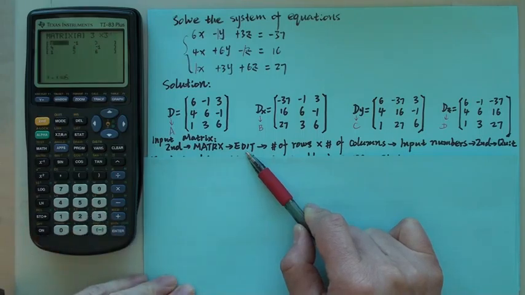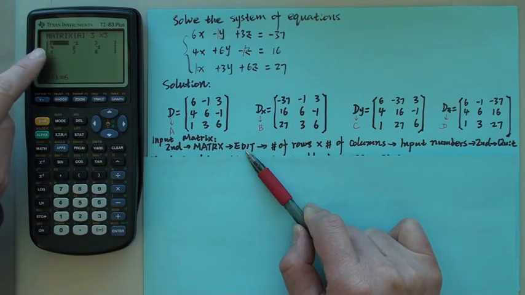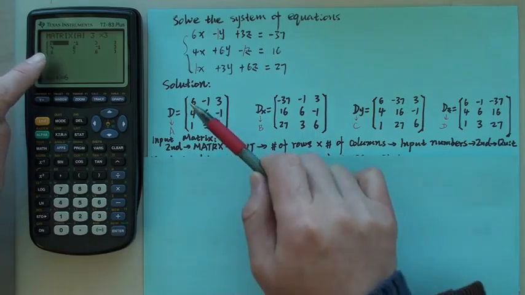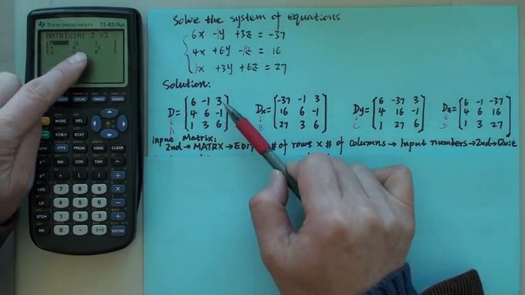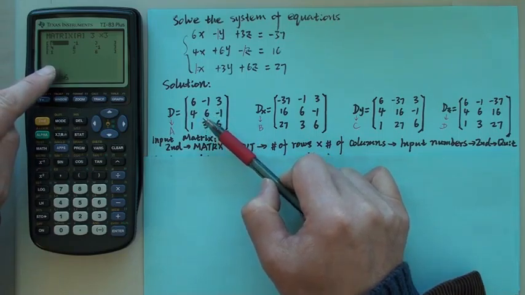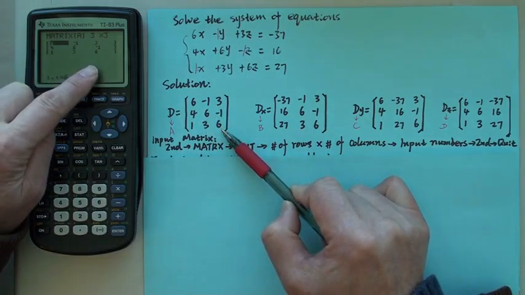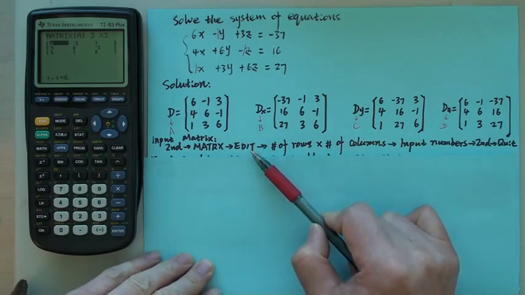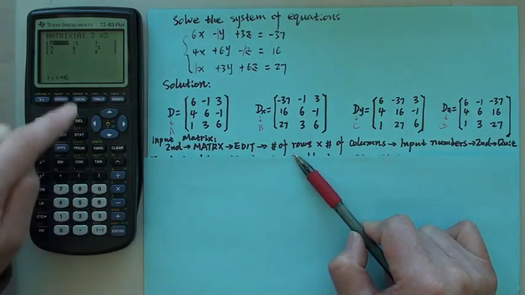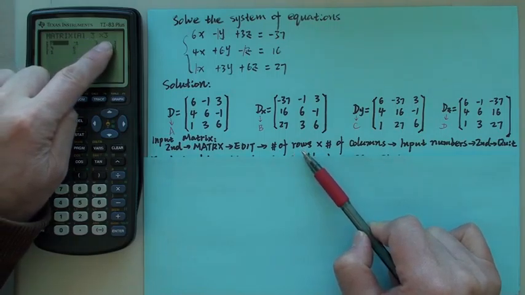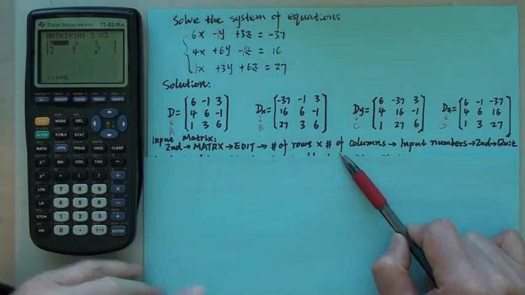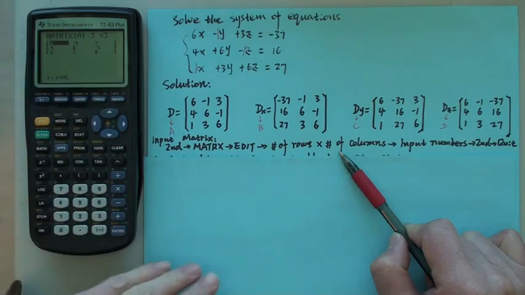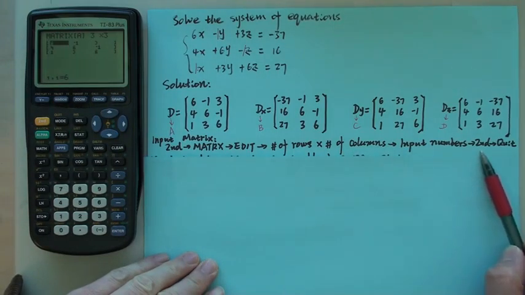Now it goes to the first element on the first row. I have input all the values, 6, negative 1, 3, until the last one. I just want to save time. But for you, you need to input the dimension of the matrix first, and then input all those numbers.